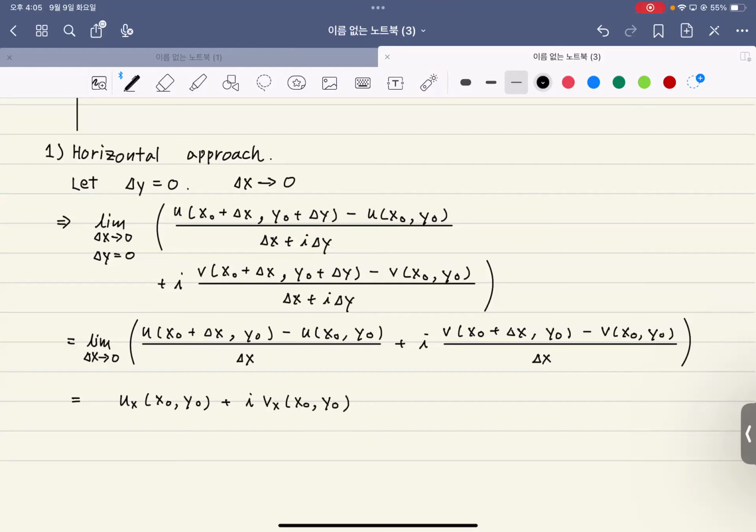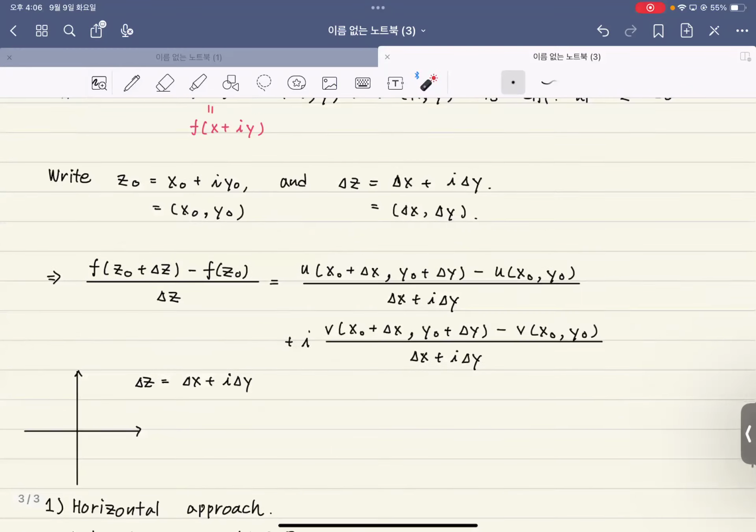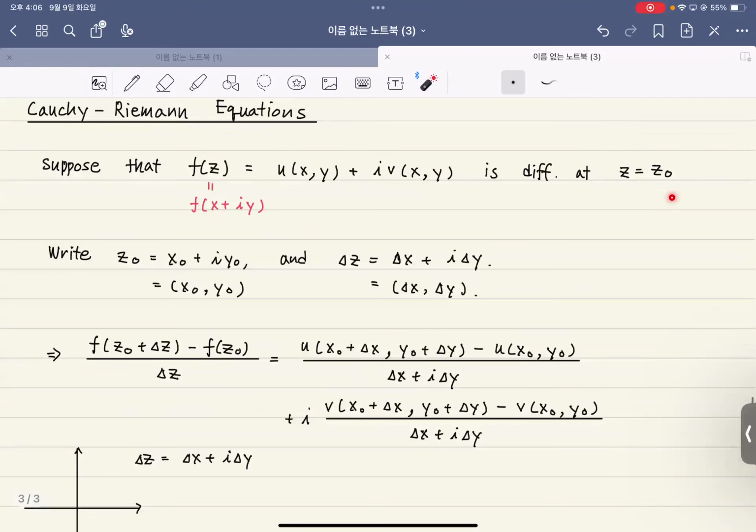And this is the limit. I claim that this limit must be the same as the derivative of the function at z0, because this limit must have exactly the same value as the derivative of f at z0, since we are assuming that f is differentiable at this point.